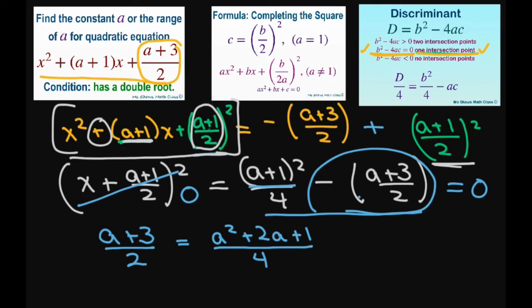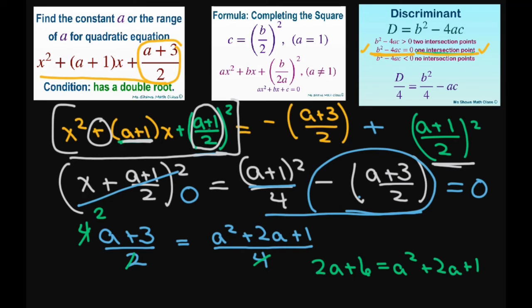To further simplify this, if I cross this 4 up here, what's going to happen? 2 goes into 4 two times. So basically what we're going to have is 2a plus 6 equals a squared plus 2a plus 1.